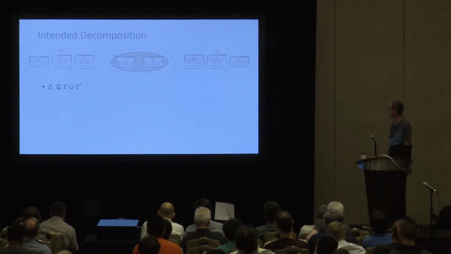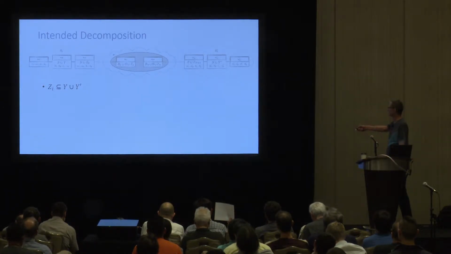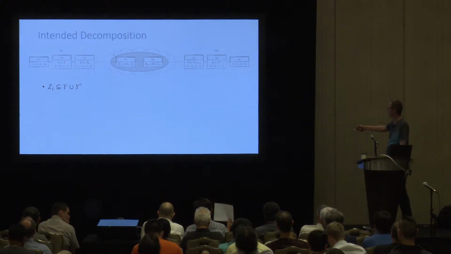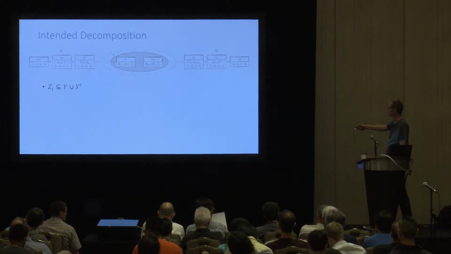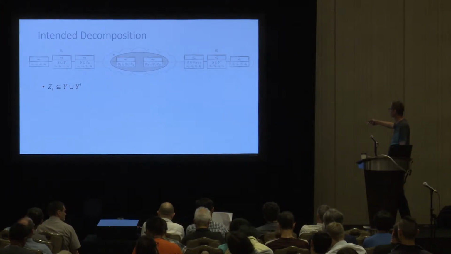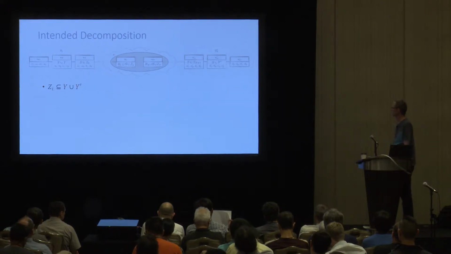So in total, the intended decomposition has this picture. On the extreme ends of the long path, we have the nodes which cover the gadgets H0 and H0 prime. And look here, there is a node which has all of this large set S together with the Y variables, and on the other end, we have a node which has in its bag the large set S and the Y prime variables. And in between, we have this sequence of Zi, which contain a subset of Y union Y prime.